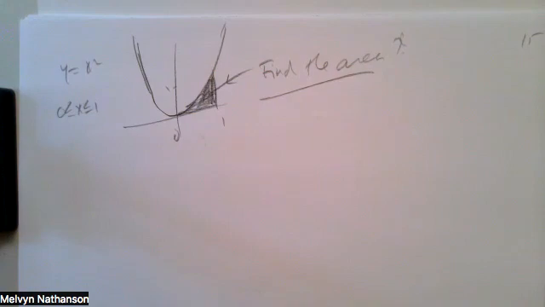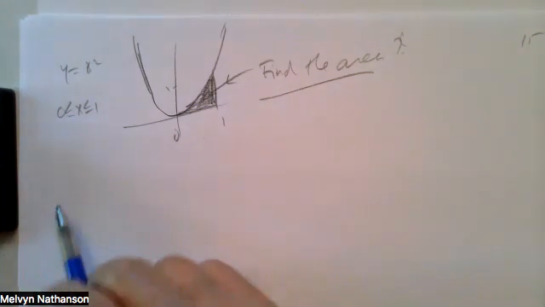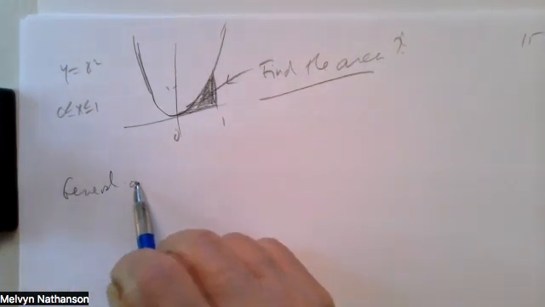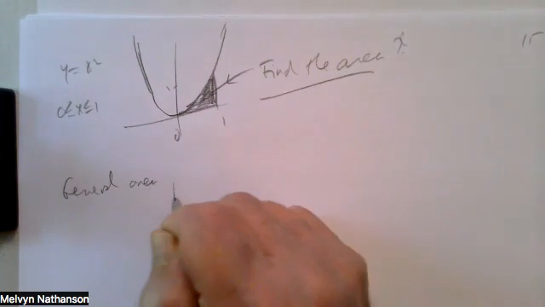So it turns out one important application of antiderivatives or the integral is to find the area under a curve, or the area between the x-axis and a curve for some values from a to b. So we have what we might call the general area problem.